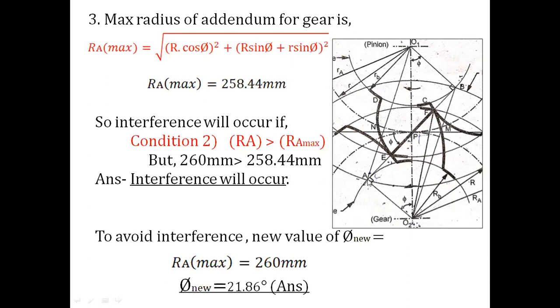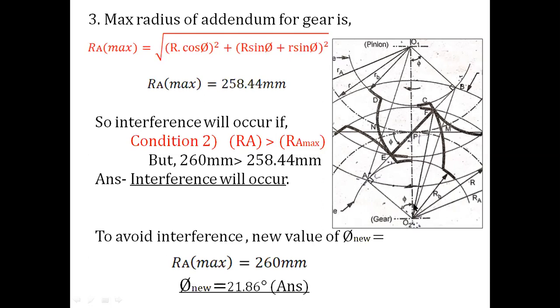For finding AO2, I am considering triangle APO2. This angle is phi, and this length is capital R, so this length will become R cos phi.